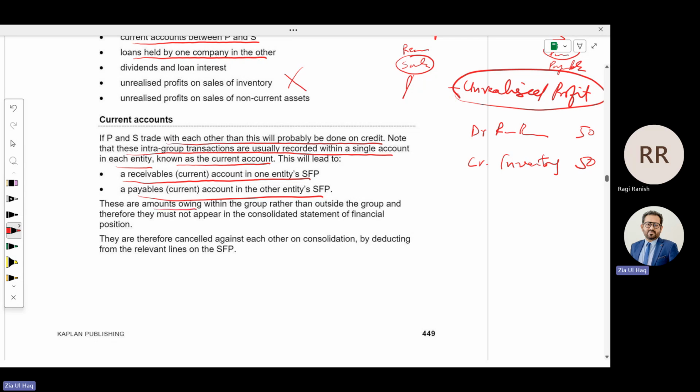So these are amounts owing within the group rather than outside the group, and therefore they must not appear in the consolidated statement of financial position. That's why we need to eliminate them from receivables and payables. They are therefore cancelled against each other on consolidation by deducting from the relevant lines on the statement of financial position.